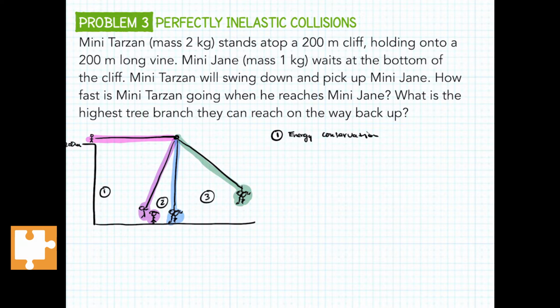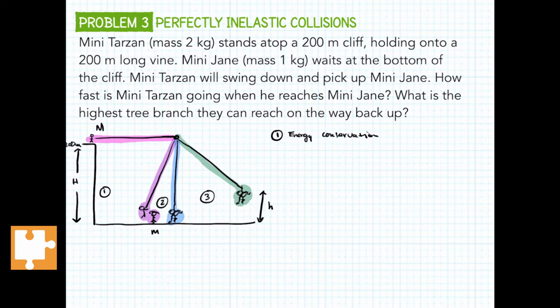So let's call this height H. And then we'll call this height little h, because I really don't like subscripts because they're annoying and they're probably hard for you to see. So we're gonna start with energy conservation. So we'll also call Tarzan big M and Jane little m, okay?